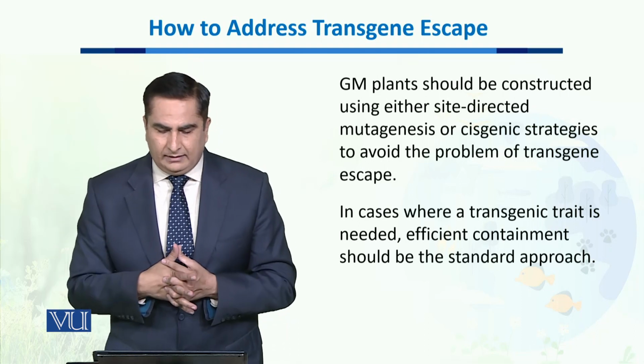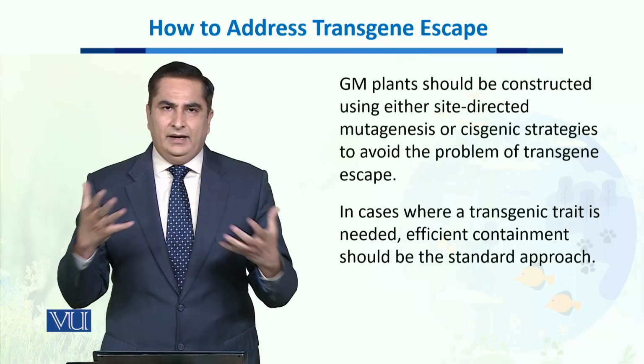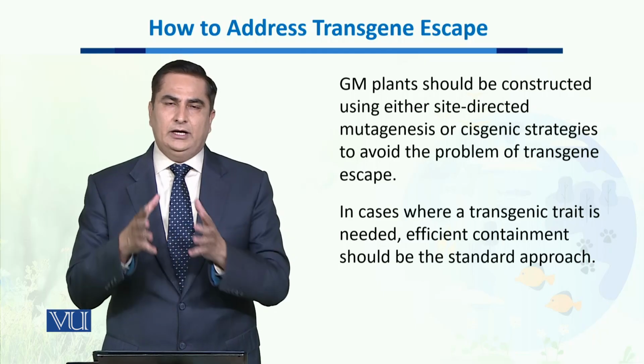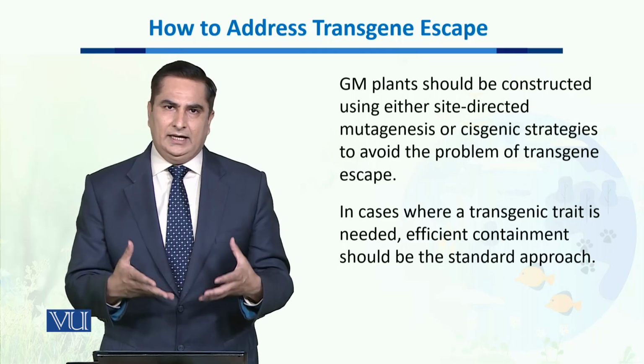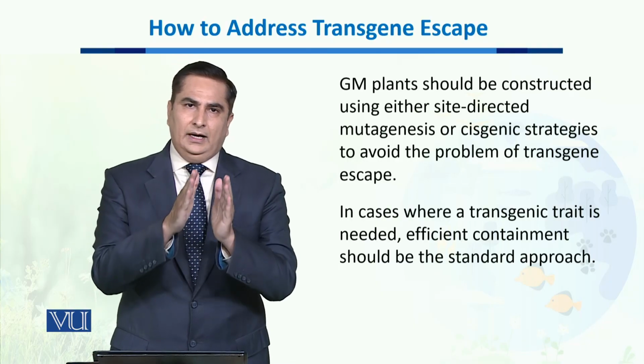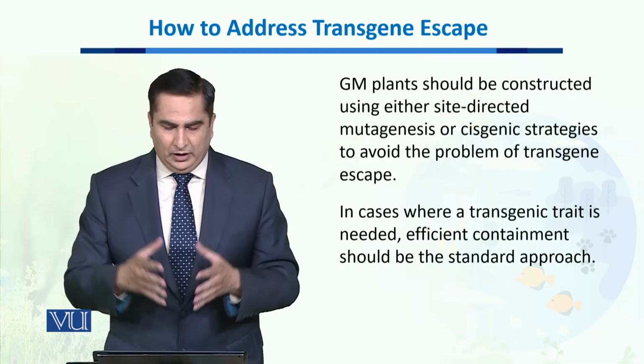And there are some other methods like cisgenic strategies. In the cisgenic strategies, the expression of certain genes is tightly regulated in such a way that it cannot be transferred to other crop populations.